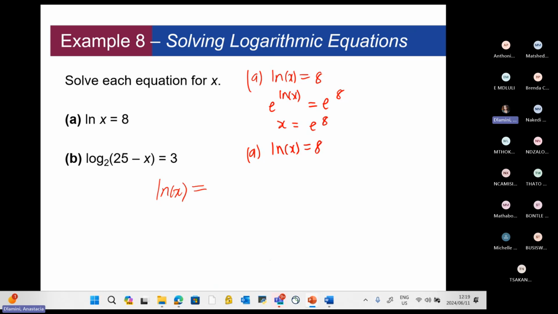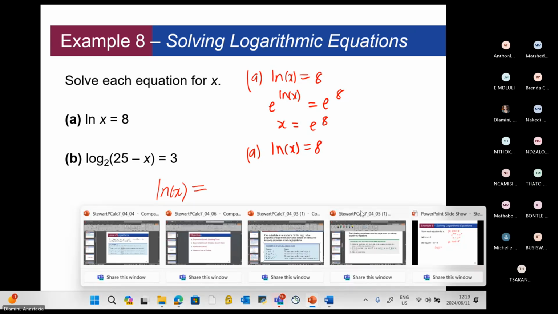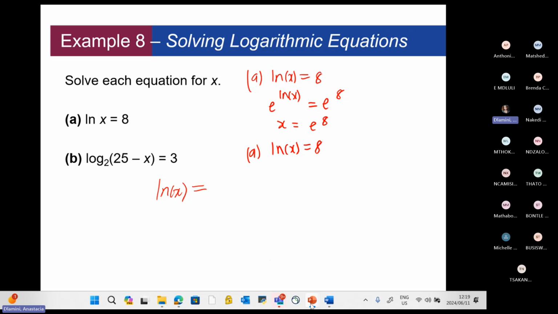Ln of x is what? Hello, can you hear me? We hear you. Ln of x is equal to what? I think it's ln of x is equal to?